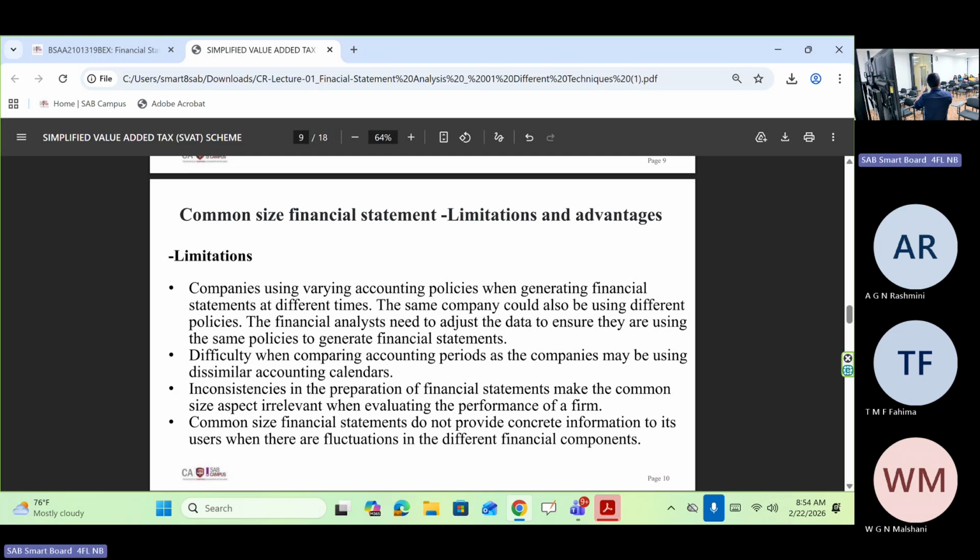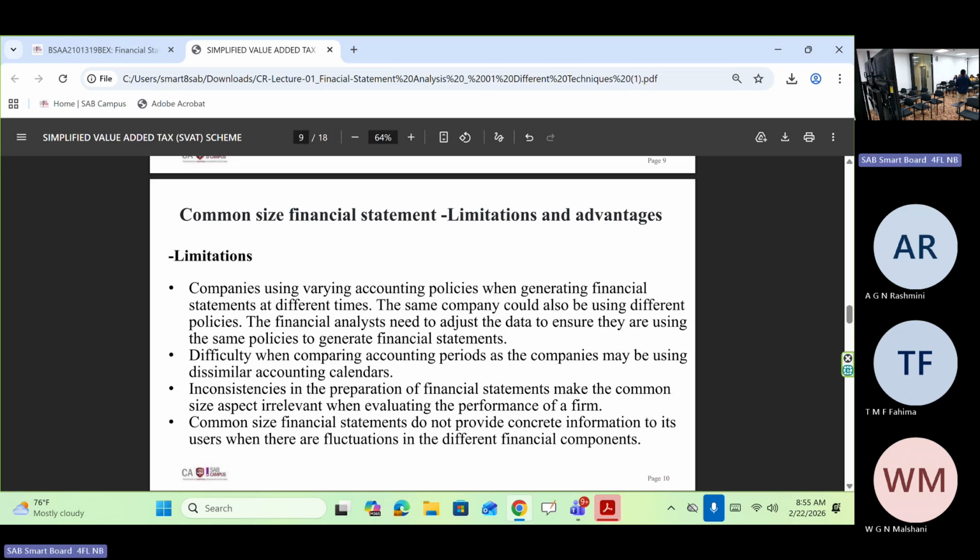One very small hotel, recently started, that is also converted to 100. So all balance sheets and P&Ls show 100. From 100, how much? So we can't see the size of the organization. We converted that to 100.